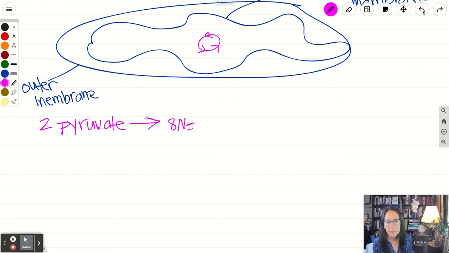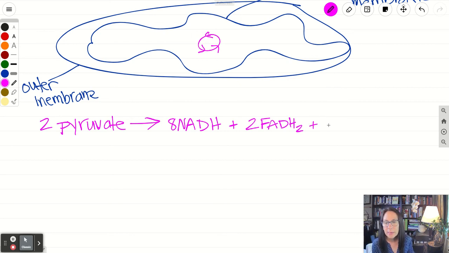Oops, I'm sorry. That's just messy. Okay, NADH. So we're going to reduce 8 NAD into 8 NADH. Plus, we're going to get this new molecule that gets reduced, which is called FADH2. Okay, so just write these down. You don't have to memorize this.